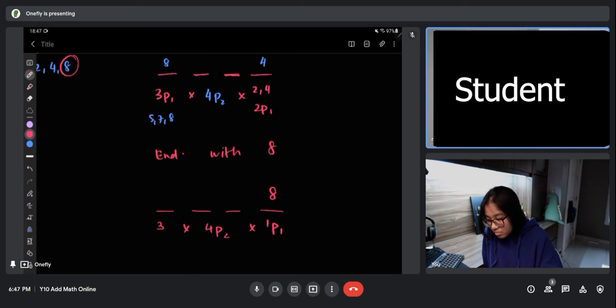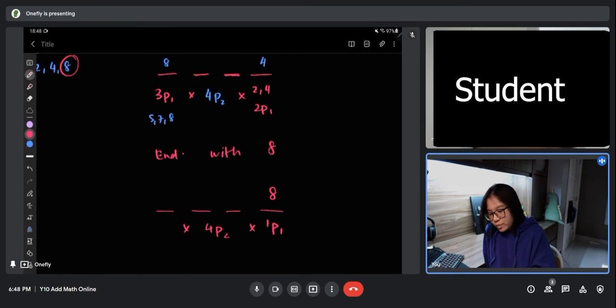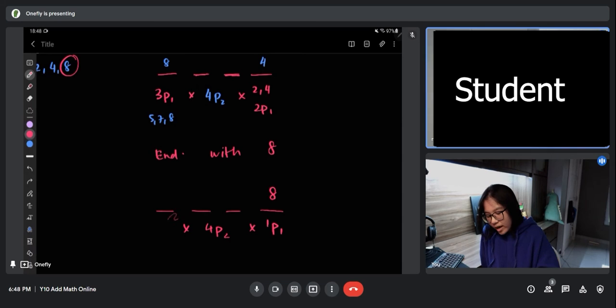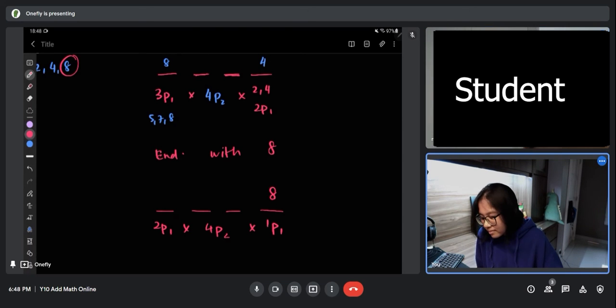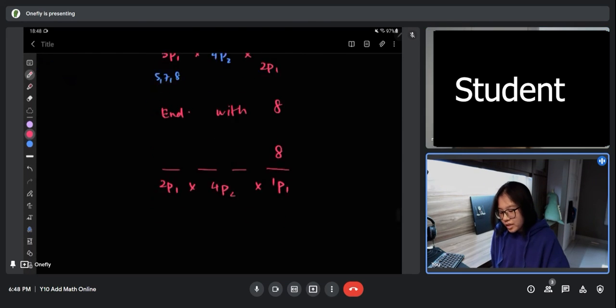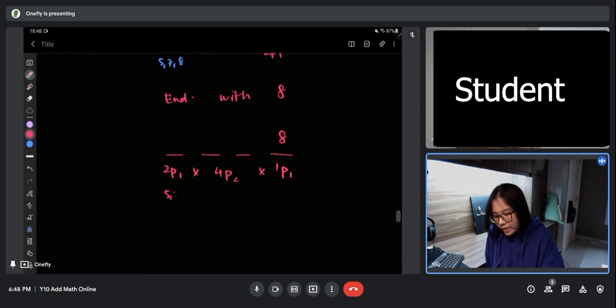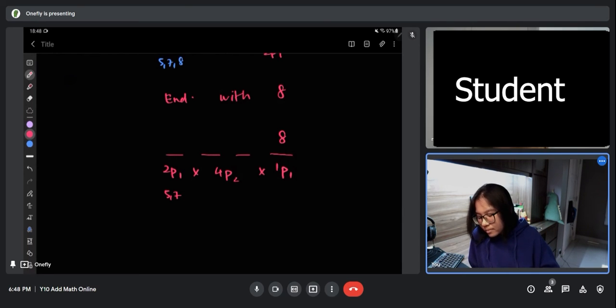Are you sure it's 3P1? This one is 2P1. Why 2P1? Because 8 is used up, so here we only have options of 5 and 7 to fill in.